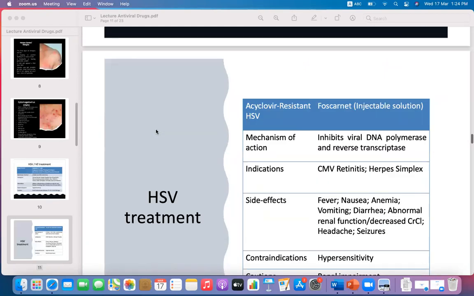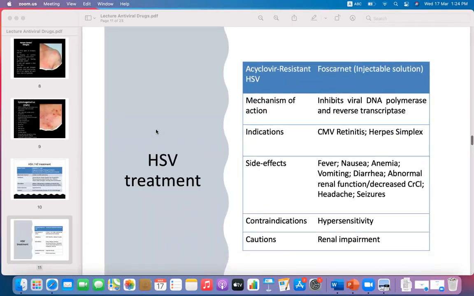What is the alternate drug if the herpes simplex viral infection is resistant to acyclovir? Which is the other option? The alternate drug is foscarnet, which is available as an injectable solution.